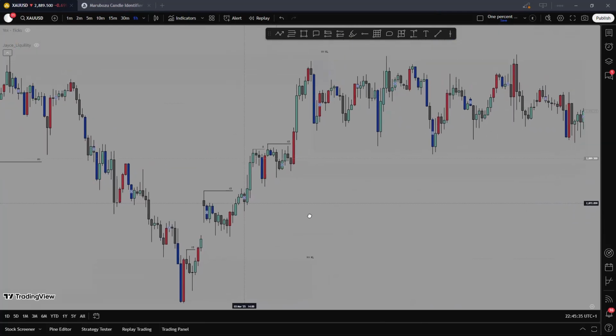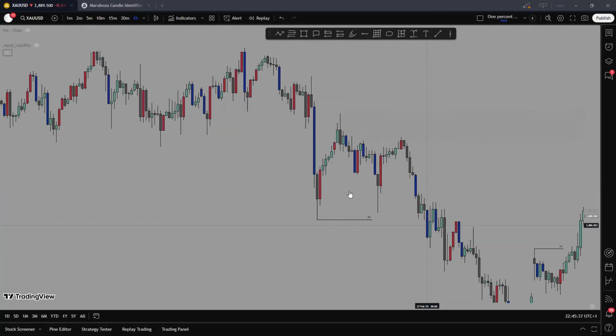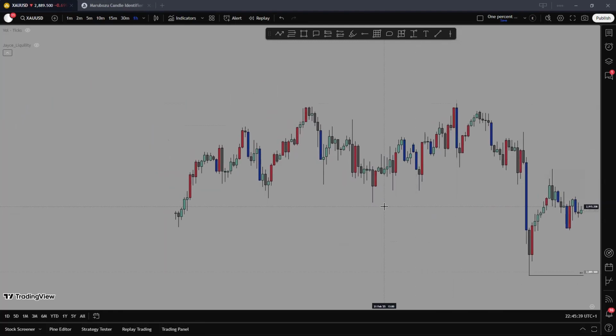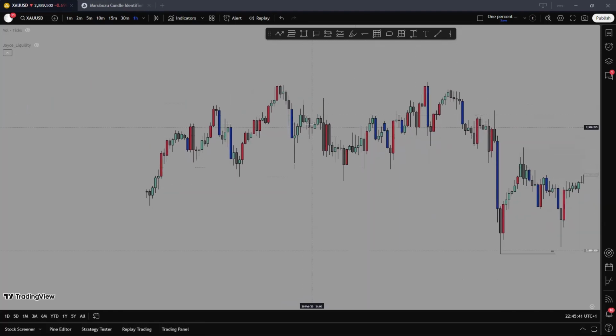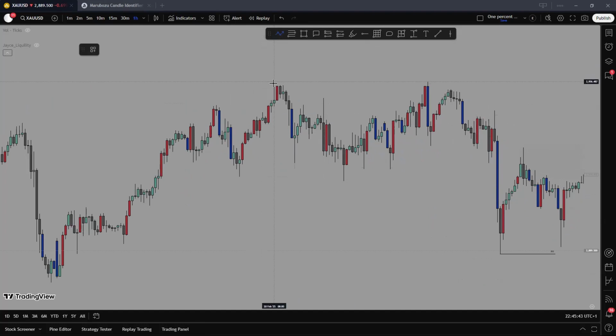For example, you can see that this is a range. So some person might say this is an up move, this is a pullback, and this is a breakout wave, but there is a range here.